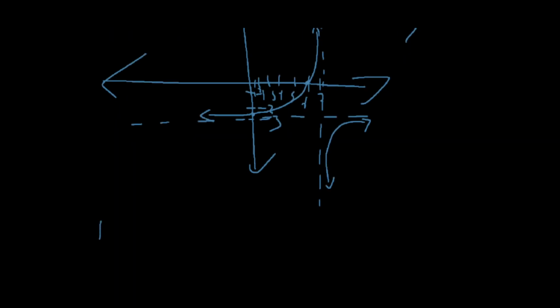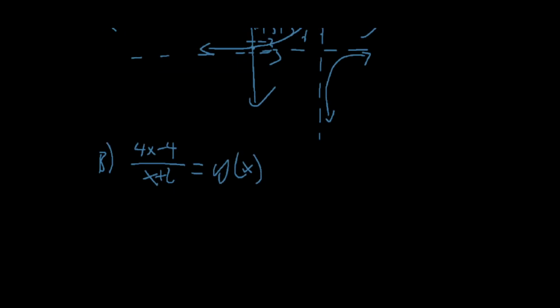And for B, we got 4x minus 4 over x plus 2 equals g of x. So take away the 4, so it's 4x minus 1 over x plus 2. Alright.